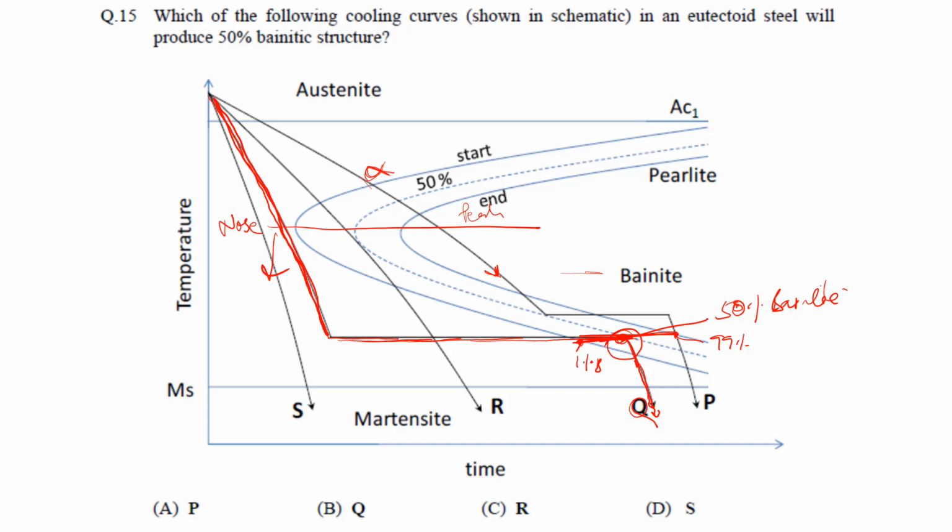If you see S, it is directly touching the martensite, so it will be martensite structure over here. And R, if you see, is cooling such that it is touching the nose, and there will be 50% transformation to pearlite, and after that it is getting transformed into martensite. So this is also not the favored answer. Okay, so option Q will only be the favored answer. So option B will be the answer.